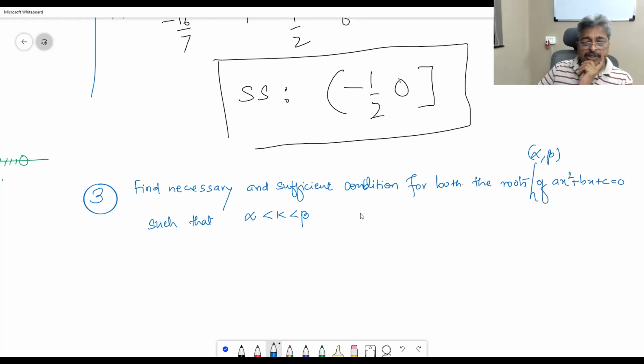Now this is going to be critical. The given number k should be between alpha and beta. One root should be to the left, one root to the right. I give you a few minutes to figure out the necessary and sufficient condition, else I will show you how to do it.